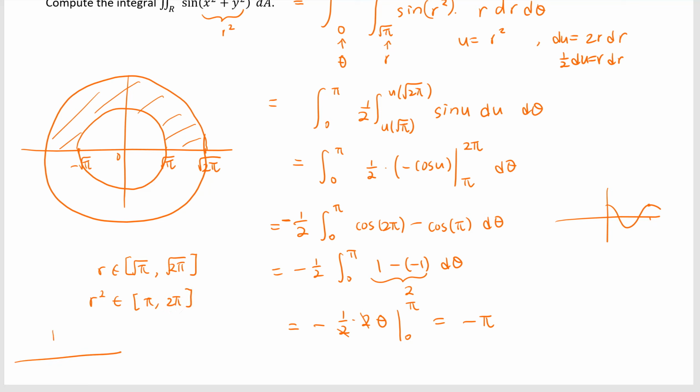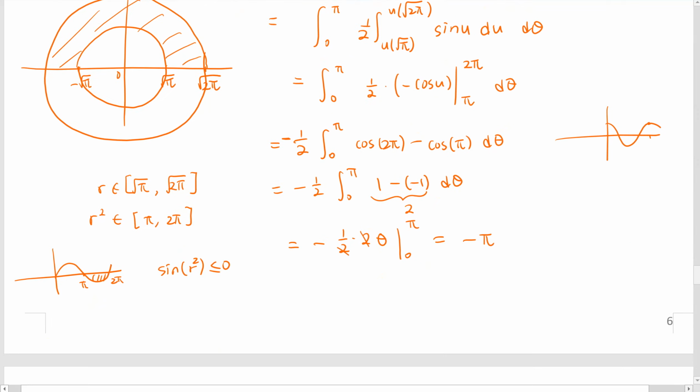What does the sine look like? Sine from pi to 2 pi is negative, so sine of r squared is negative. Which means on top of our region, actually the surface is under the xy plane.